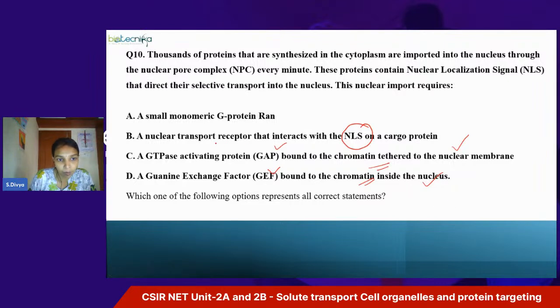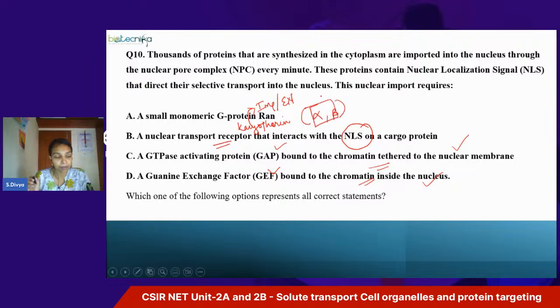So this transport receptor is basically known as karyopherin receptors, or we can say alpha beta. Karyopherin receptors basically involve import receptors and export receptors collectively. That receptor by structure we call alpha beta.